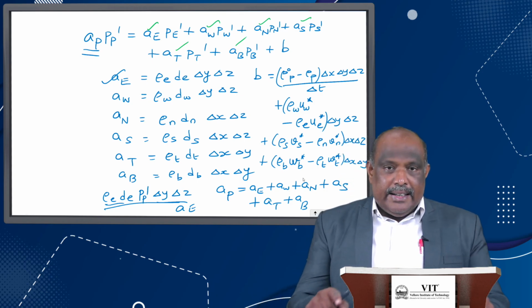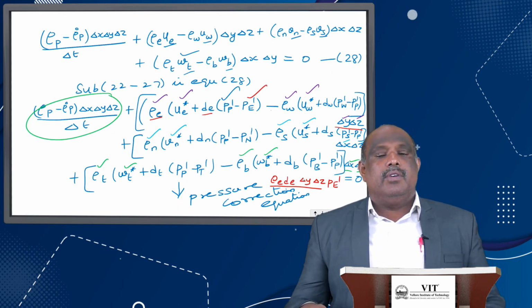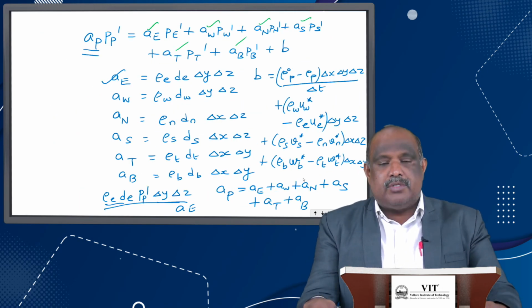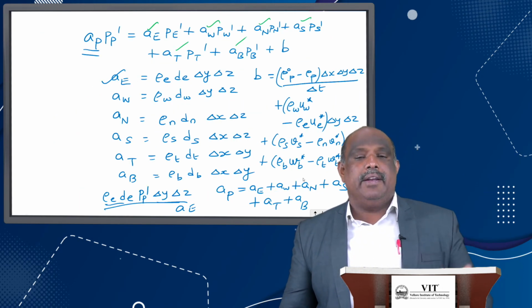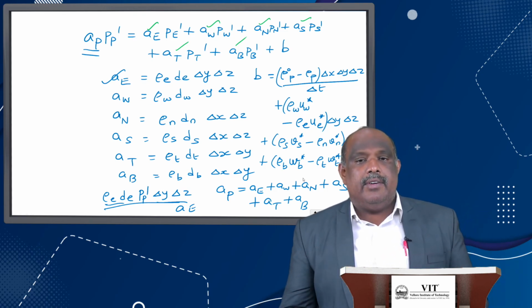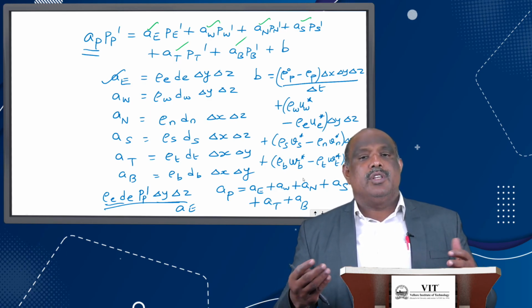So now I am able to convert this form of governing equation into this type of discretized form. This I told in the beginning of the class. I will explain how we have arrived at it, how we are able to convert the differential form of the equation into discretized form using the finite volume method.